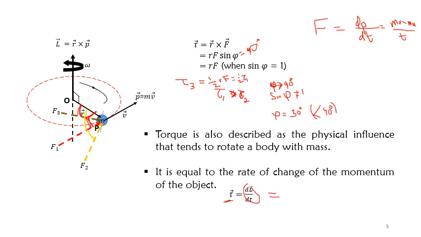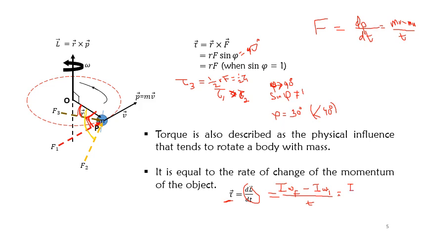In that case also, we can express it further, which will be the change in I omega, that is I omega final minus I omega initial, over t. And recall, you can make the formula.